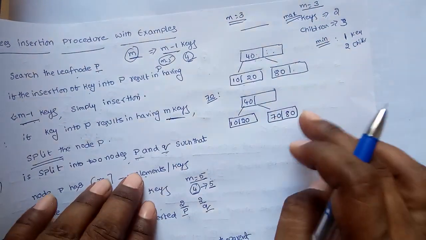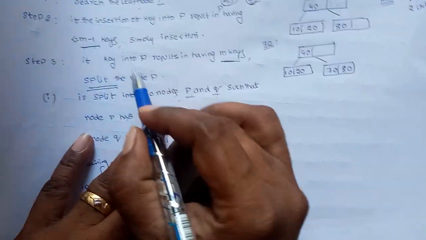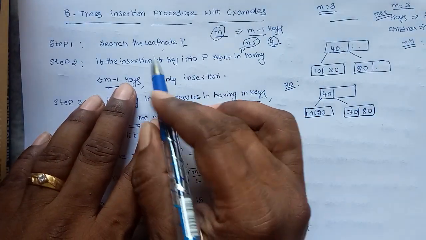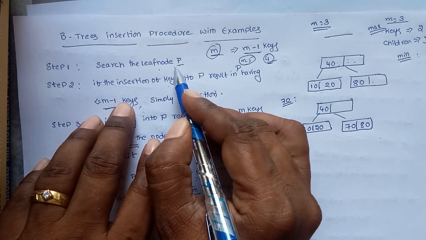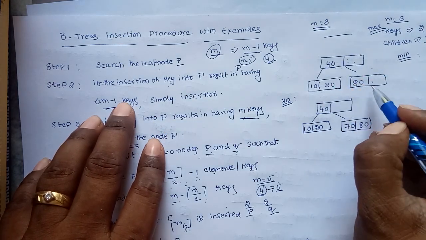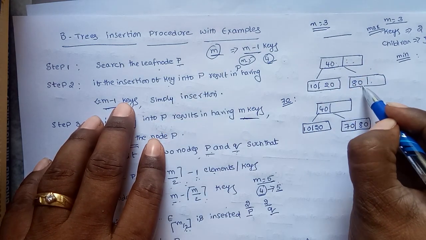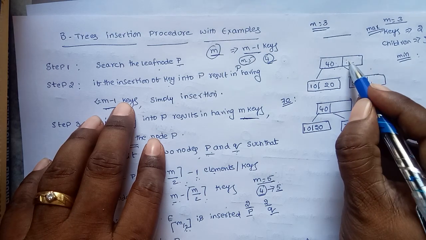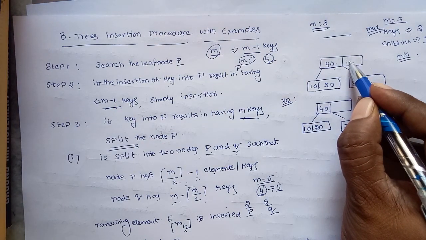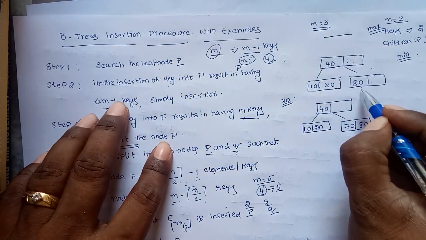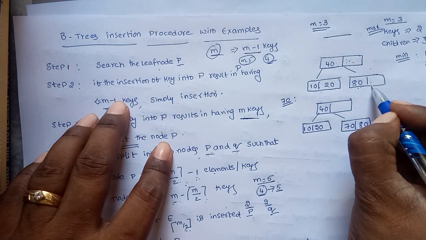Okay, no problem. The first step is to search for the leaf node. Remember, even though there is available place elsewhere, we must not insert it there. This is the possible leaf node.